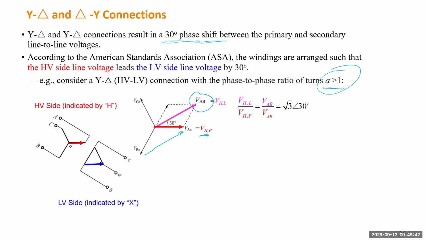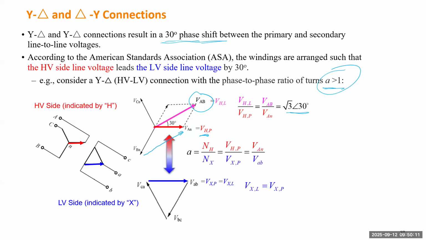We know the line voltage and phase voltage. The difference will be this ratio, which is the root of 3, 1.73, and also there's a phase shift of 30 degrees. For the low voltage side, it is delta connected. Each voltage is the line-to-line voltage, which is also equal to the phase voltage.